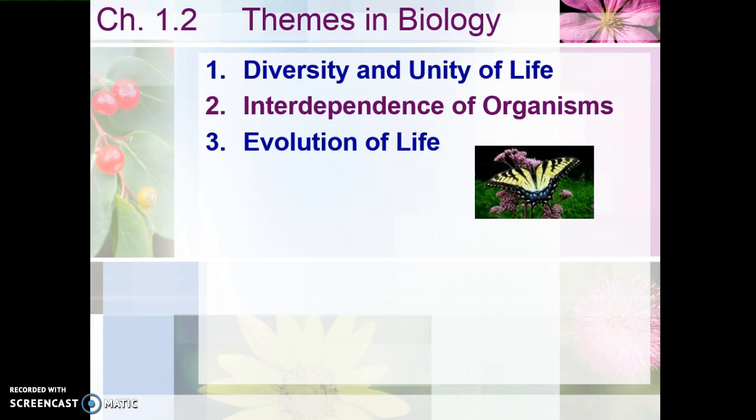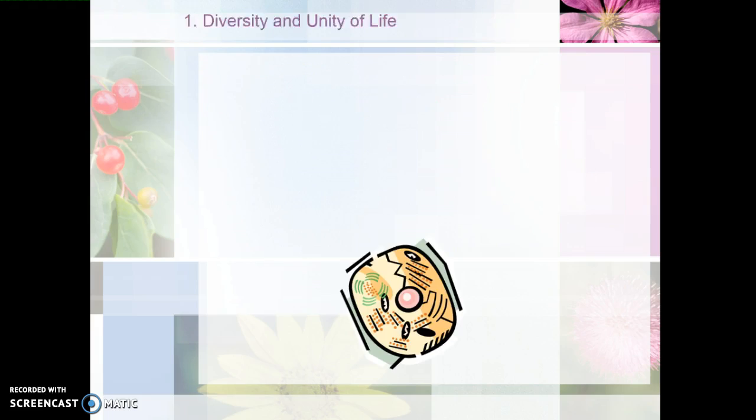The second theme is interdependence of organisms, which is looking at ecology and how living things are dependent on other living things, but also on non-living things. The third is evolution of life, which is change over time.